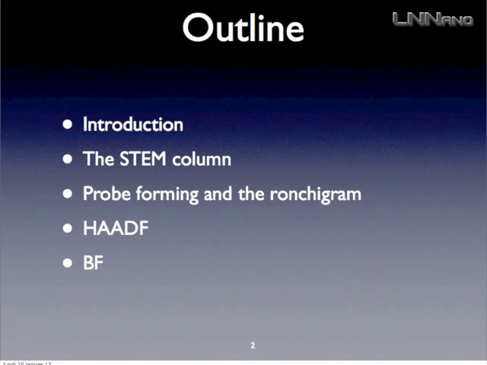HAADF means high angle annular dark field. Why is that? I will discuss it a little bit during my lecture. And I will discuss bright field, which in fact can be proved to be more or less exactly the same as high resolution TEM imaging. Okay.